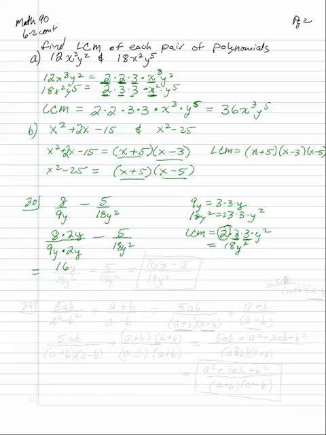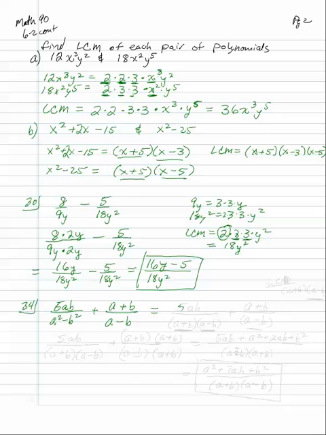So now I got 16y over 18y squared. And now I can add them. I got common denominators. Subtract the numerators, and it doesn't factor, so actually I am done.